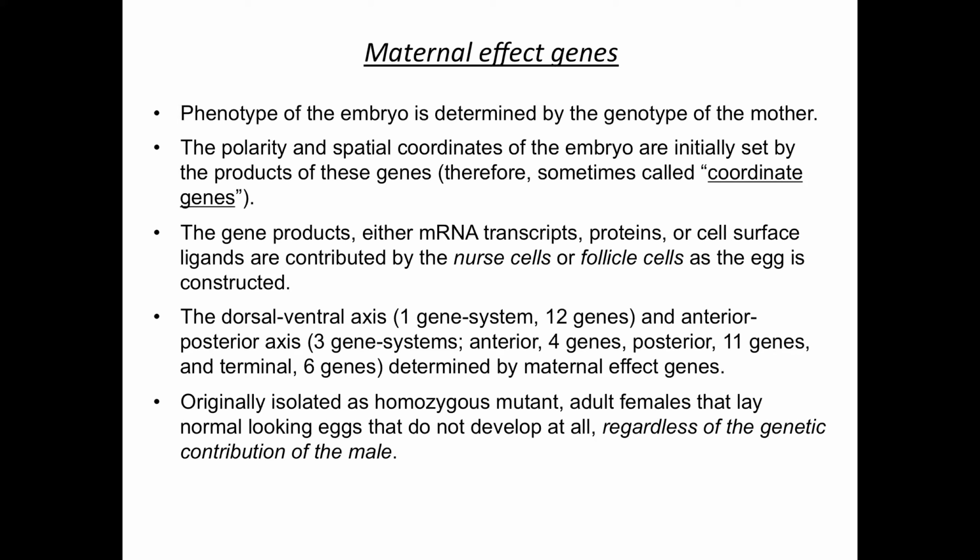First of all, it will delineate the three germ layers, and then the extended morphogenetic movements that take place will give rise to the segmented body plan of the animal. The embryonic development stops with that, and the embryo now more or less looks like a larva, which is going to hatch as a first instar larva. So these are the events that I just summarized. We spoke about them last class.